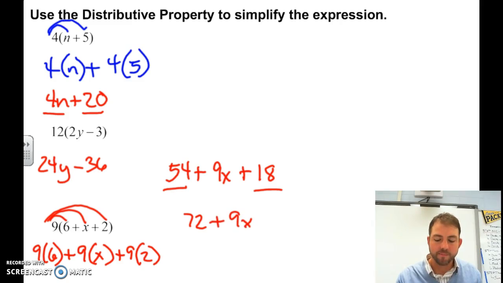We can't touch the 9x simply because it has a variable and is not a like term with the 72. So 6th graders, I hope that helped with the distributive property. And then at the end there, a quick introduction to simplifying like terms using the distributive property.